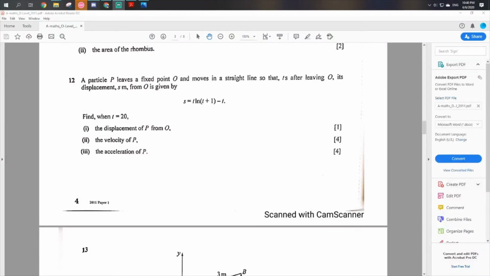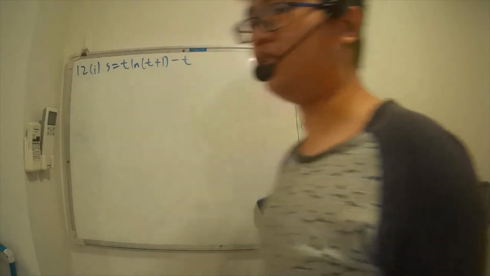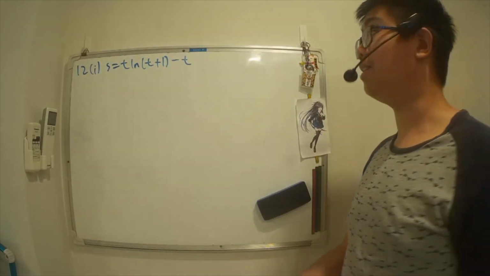Question 12. A particle P leaves a fixed point O and moves in a straight line such that t seconds after leaving O, its displacement s meters from O is given by s = t ln(t + 1) - t. Find, when t is equal to 20, the displacement of P from O. I don't even know why they're asking that.